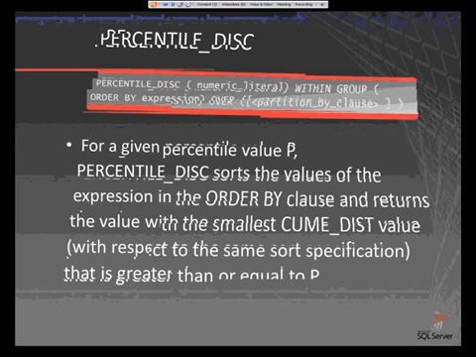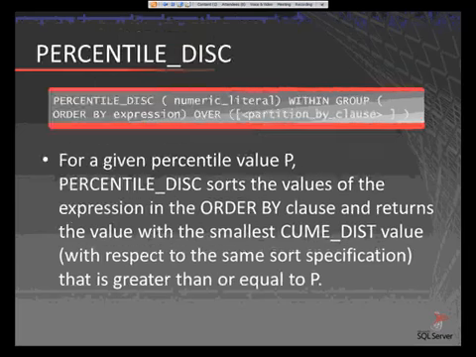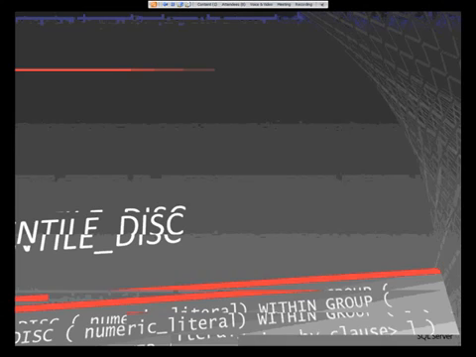Okay, the discrete must exist in the output itself, as opposed to the percentage must exist within one of those rows. Find the particular percentage that's in there.